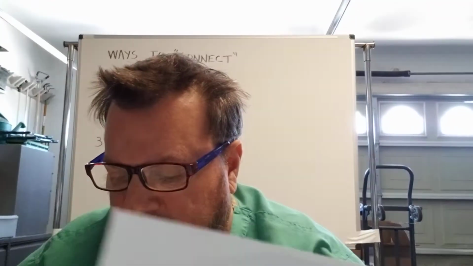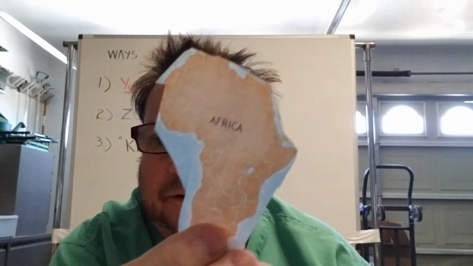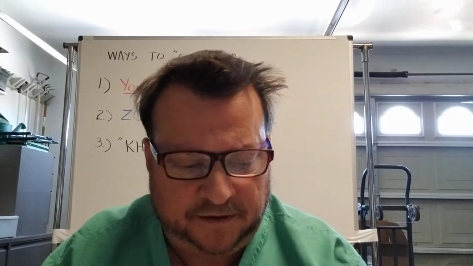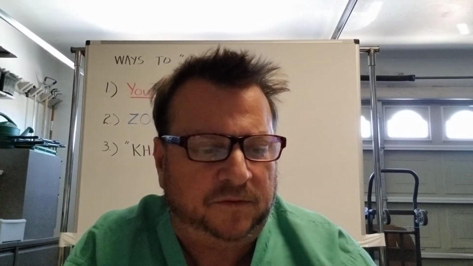I'm going to cut Africa out, right? I'll cut Antarctica out. It's at the bottom. Then I'll cut South America out. All right, and then I'll cut this is the big one.